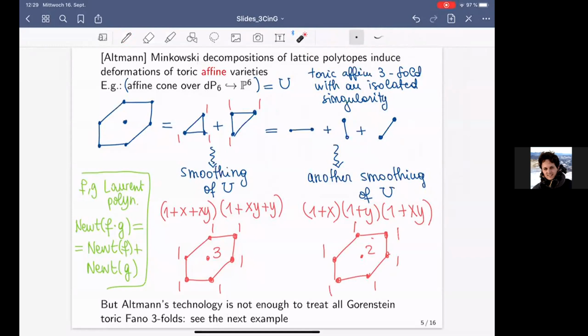So Altmann's theory says that these 2 smoothings of U correspond to these Minkowski decompositions, but using this trick, I can say that these 2 smoothings of U correspond to these 2 Laurent polynomials, which are basically the same with the difference of the coefficient of the interior point. Okay, and now the last remark is that Altmann's technology is not enough to treat all Gorenstein toric Fano threefolds, and now I see the following example.